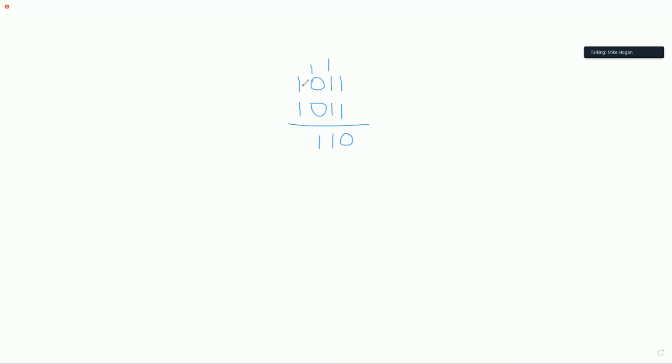Here, once again, we've got a 1 plus a 1. That should be a 0, carry a 1. So that 1 comes all the way down. And so 1, 2, 4, 8, 16. 16 plus 4 is 20, plus 2 is 22, right? 11 plus 11, so 22.